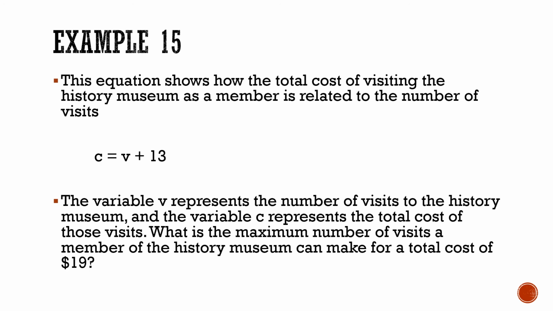So we're wanting to know what the maximum number of visits is for a total cost of $19. It tells us that C is representing our total cost, which we're saying would be $19. So we're going to put 19 in place of C. So 19 equals V plus 13.